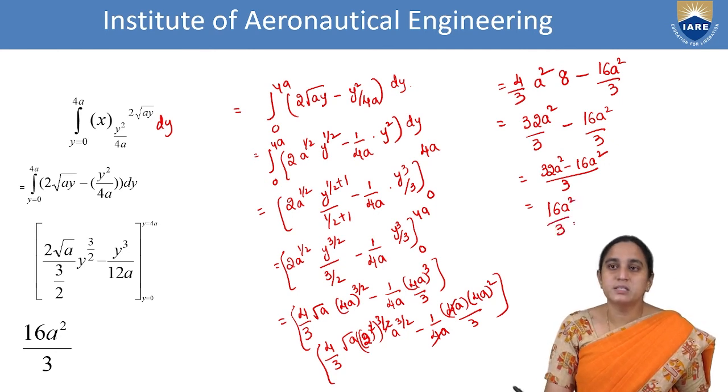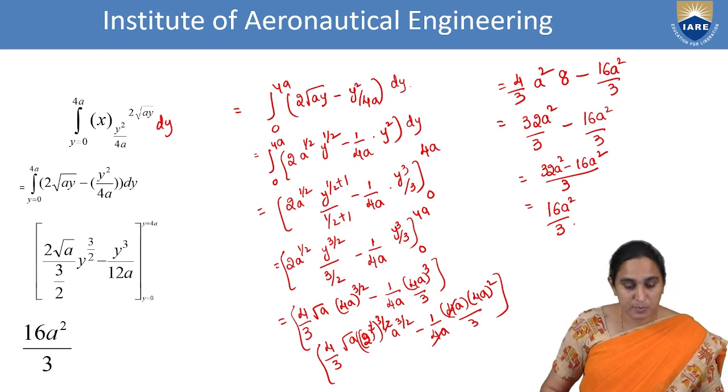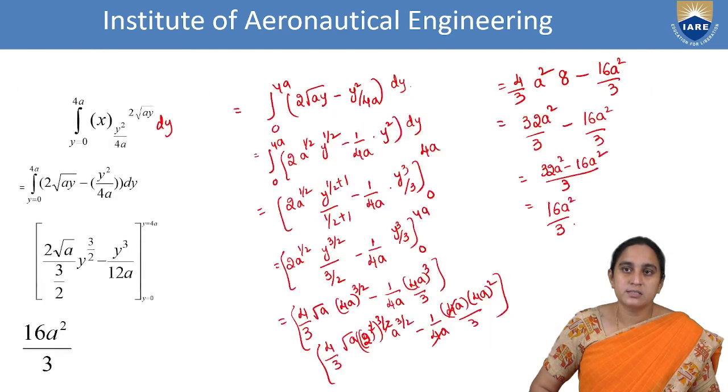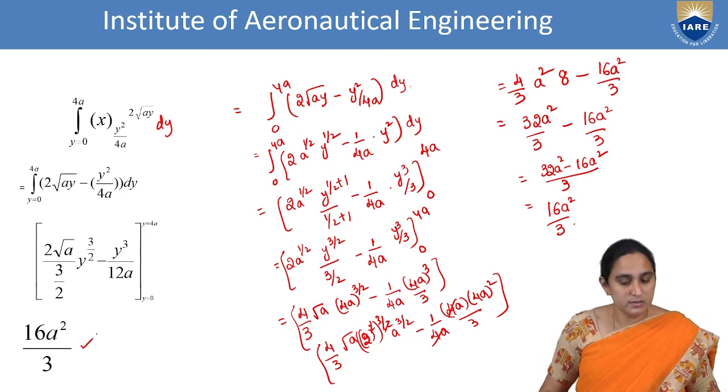Therefore, for the second question, the double integral of x from 0 to 4a, y from x square by 4a to 2 root ax, dy dx, the answer is 16a square by 3. That's the final answer for the second question.